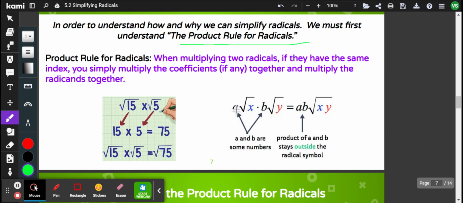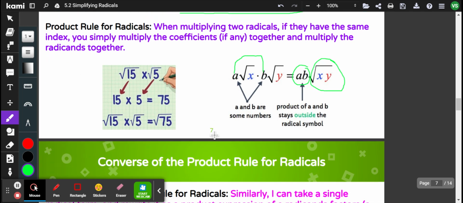When you multiply them, you multiply a by b, and then you multiply root x by root y, and you get root xy. This is what you need to understand in order to simplify any radical.